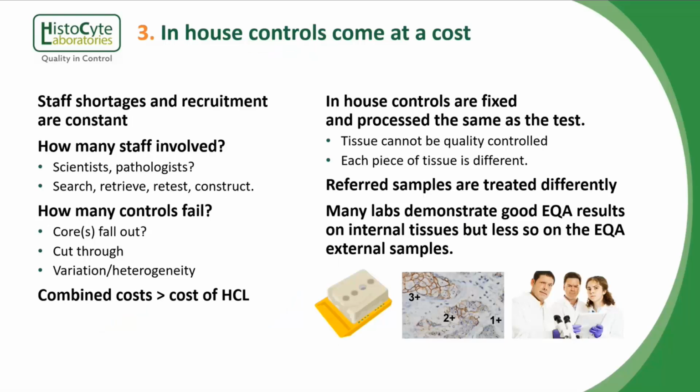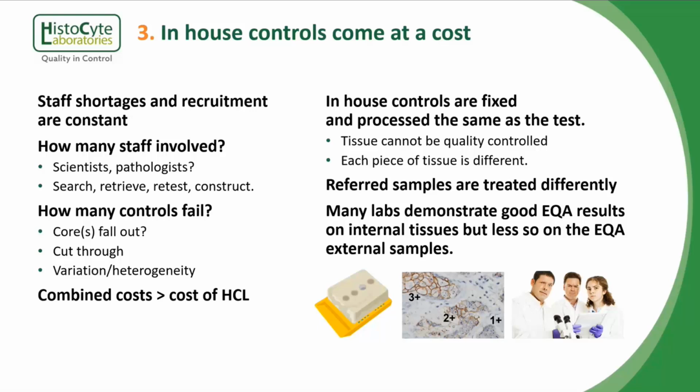The last factor that is becoming a greater driver as hospitals or laboratories are becoming more aware of the real cost to them in managing their controls. So often when asked how much their controls cost, the immediate answer is, well, it doesn't cost us anything because it comes from our archive.